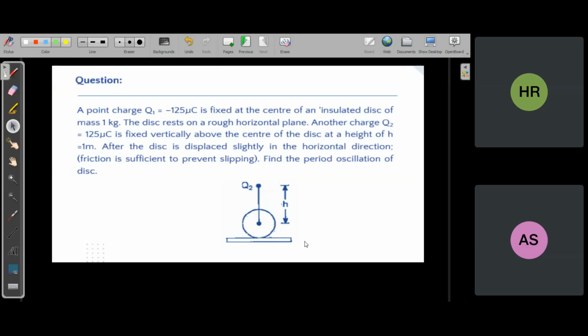So in SHM, how do we find the period of oscillation? First of all, you also have to check whether it is SHM or not.